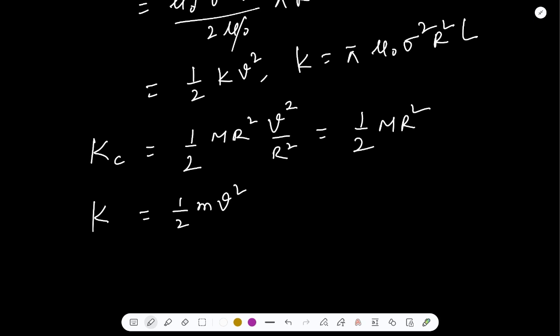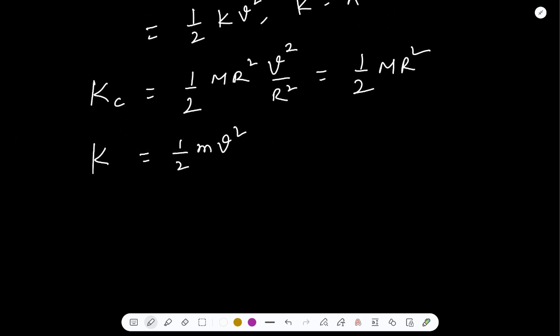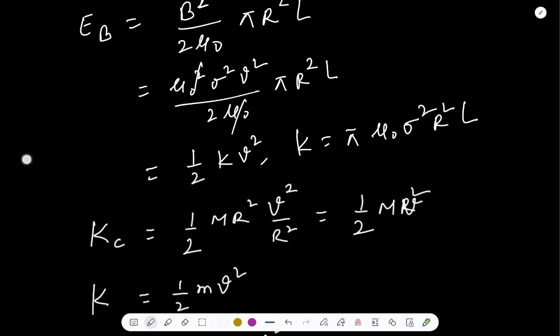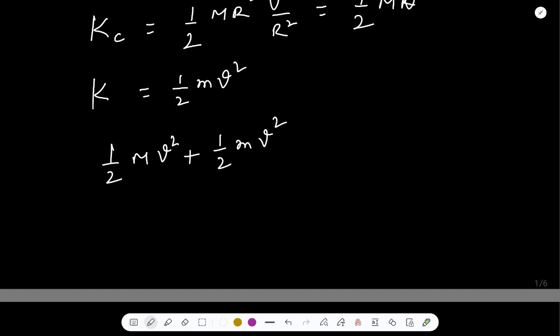And to write this expression for total energy remaining constant, we can simply write the kinetic energy of the cylinder, that is half m v square, plus kinetic energy of the block, that is half m v square, plus gravitational potential energy of the block. I suppose the block has come a distance vertically downward. Suppose the distance is x at the moment when its velocity is v, then its gravitational potential energy will be simply minus m g x.